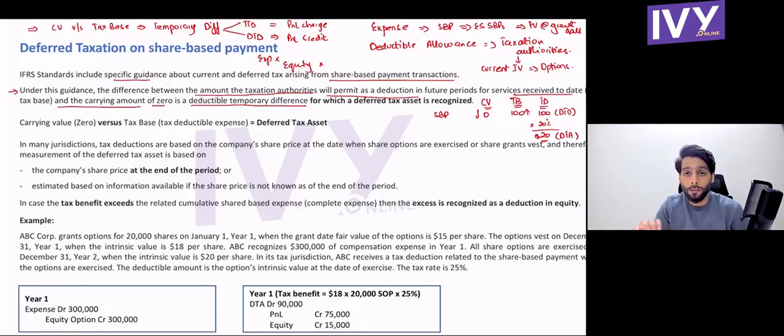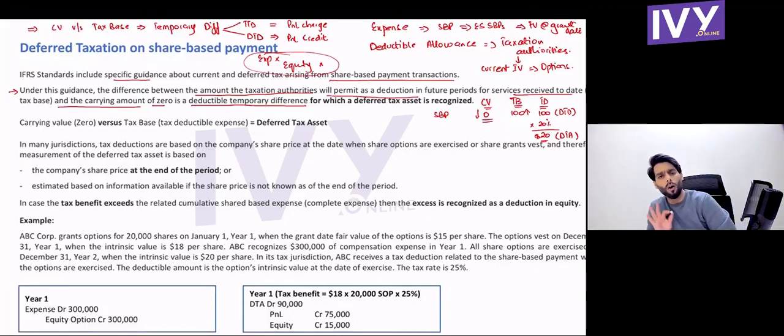But the tax benefit being allowed by the taxation authorities, the amount of tax benefit that we have to receive from taxation authorities, will ultimately be a certain number unless it is a permanent difference. So ultimately, since this carrying value is zero, there will always be a case of deferred tax asset. Carrying value 0 versus tax base equals deferred tax asset.